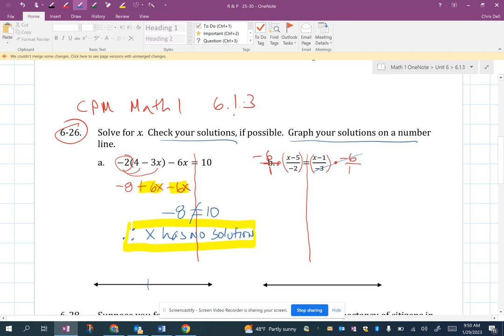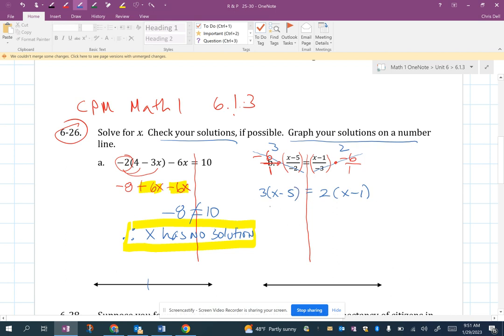The -3 and the -6 cancel and become a +2. So now I have 2 times x minus 1 on this side. Over here, -2 goes into -6 three times. So that becomes 3 times x minus 5.